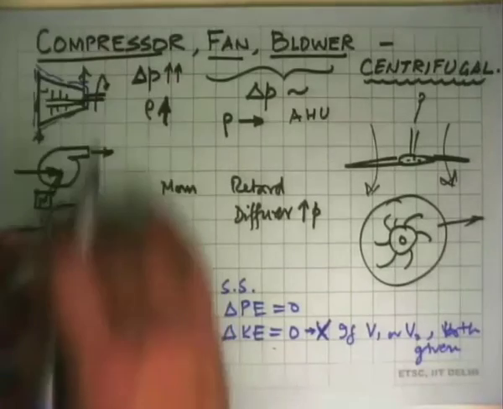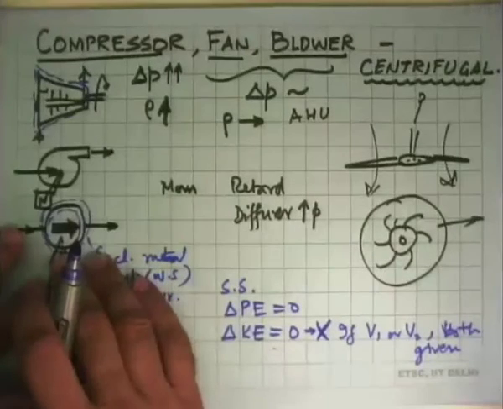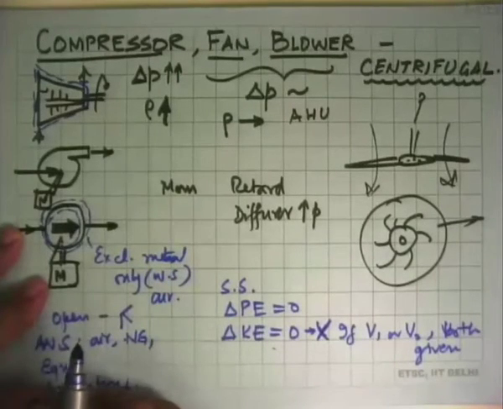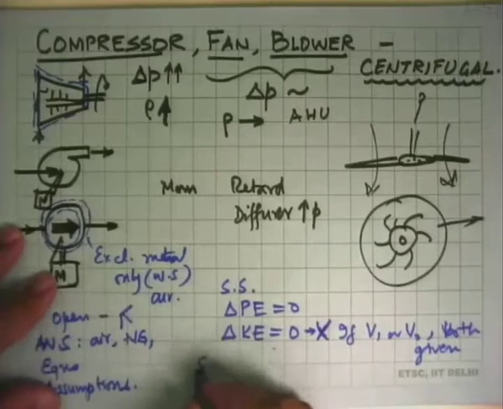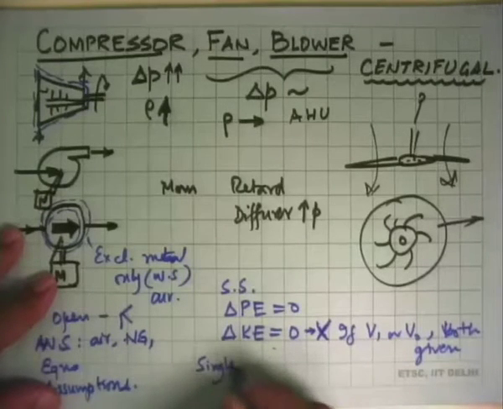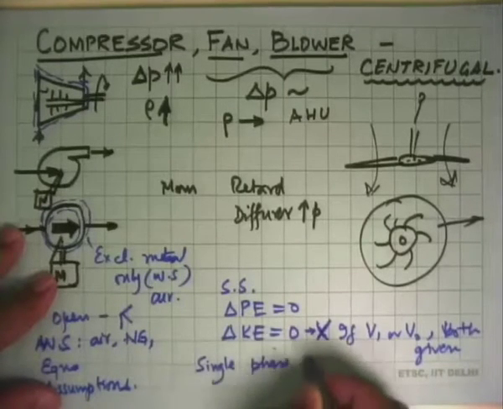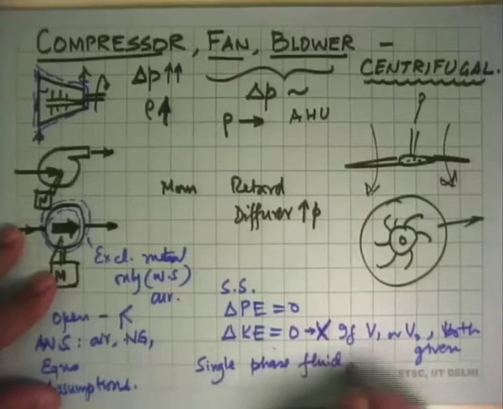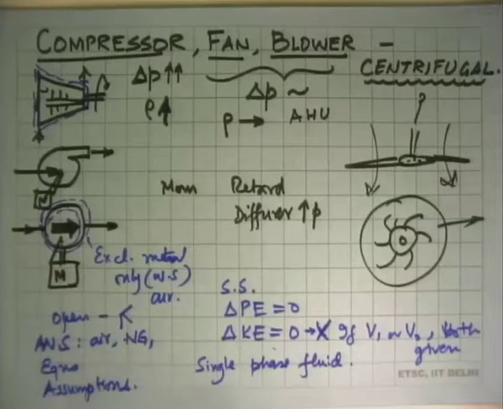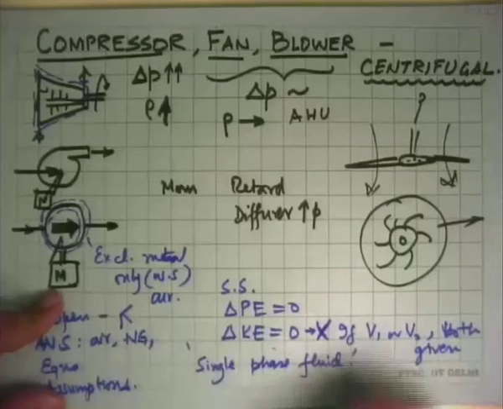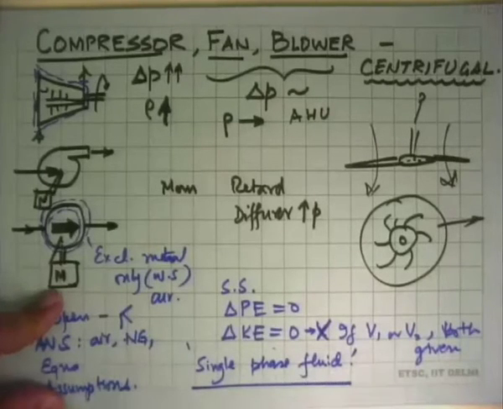Now, this type of device, and this is where engineering comes in, they always handle a single phase flow. Even the earlier devices, which are the positive displacement devices that I mentioned, are also designed for handling single phase flow.